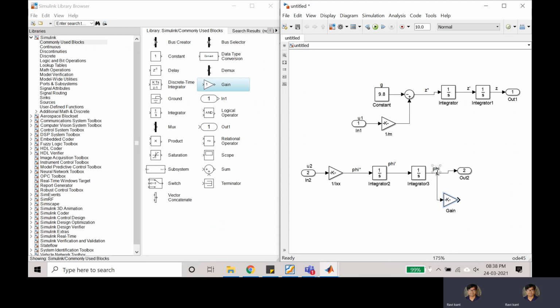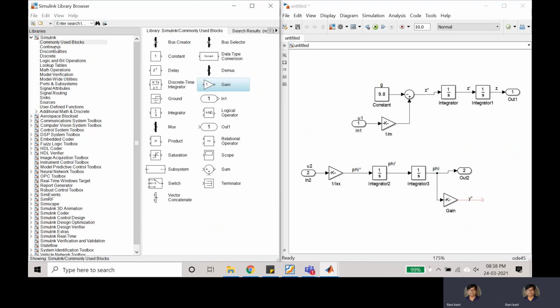So this phi times 1 upon m will give you the information of y double dot. Okay, so this is your y double dot.